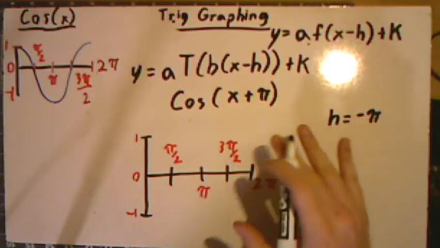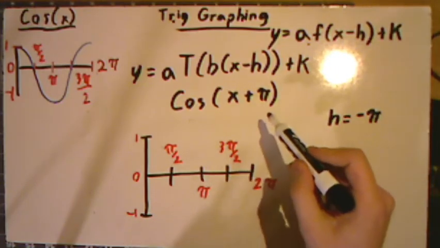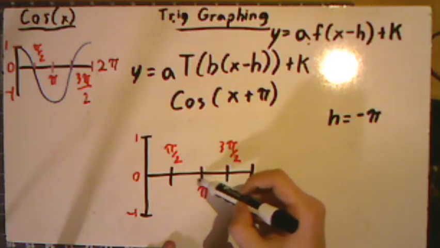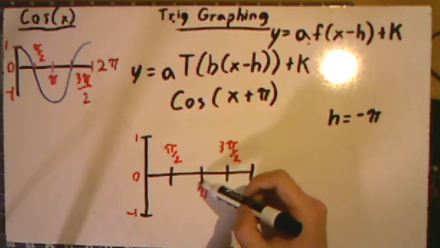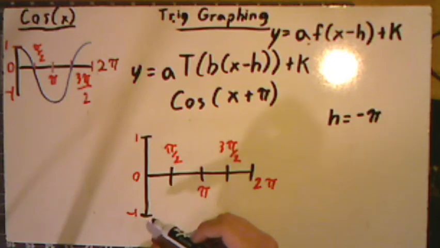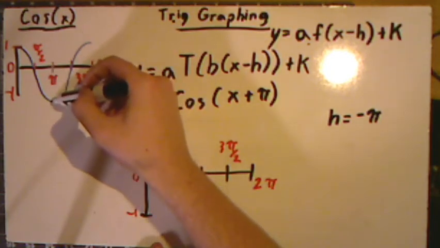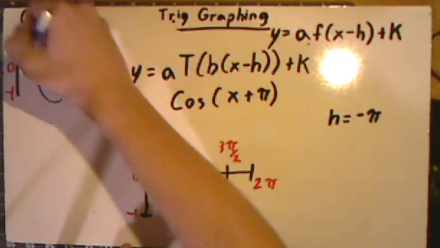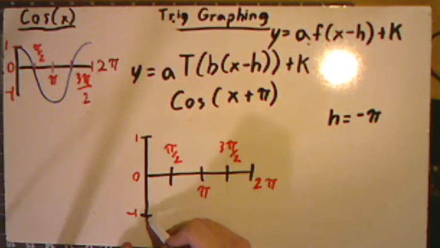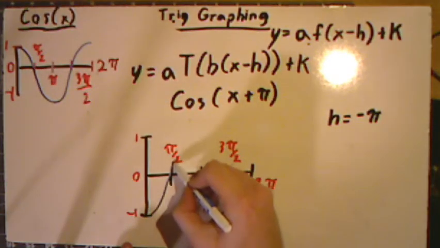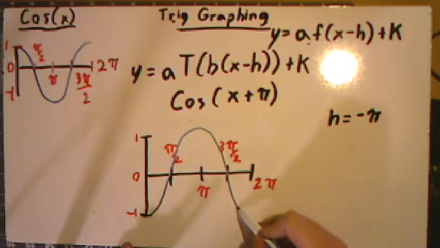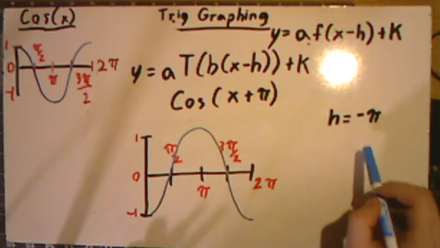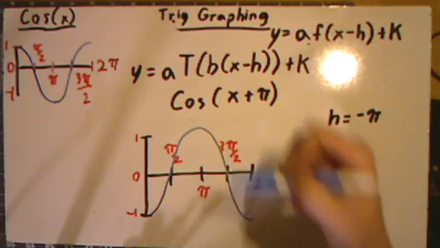So since we're moving this to the left by pi, whatever was at our pi value now is our origin point, now is our starting point. So our pi value here was set at -1, and so we could actually see that drastic change between our phase of the wave starting here, and then it just continues the exact same pattern it had. So you could actually see that at h being -pi, it's almost like it flipped it over.